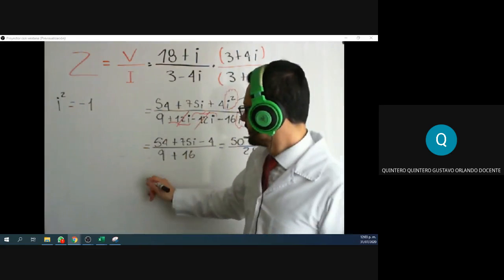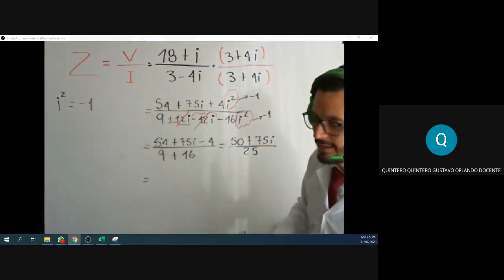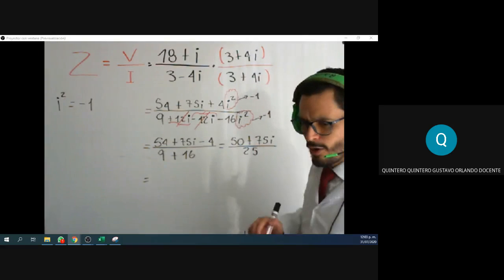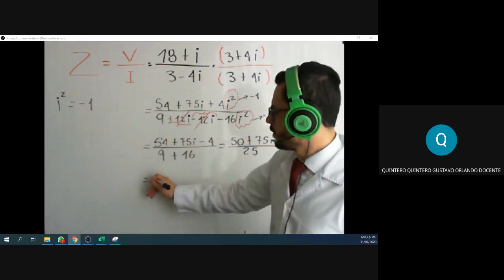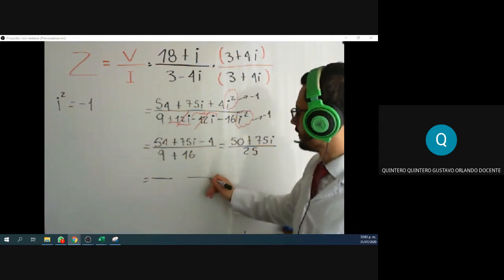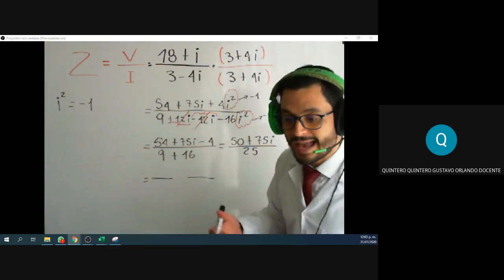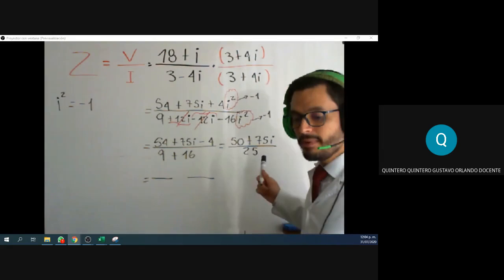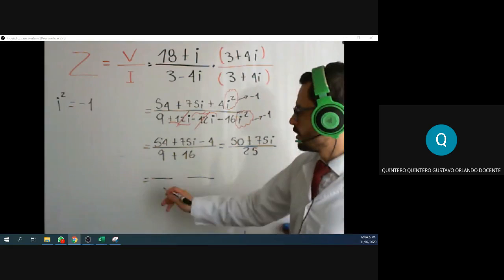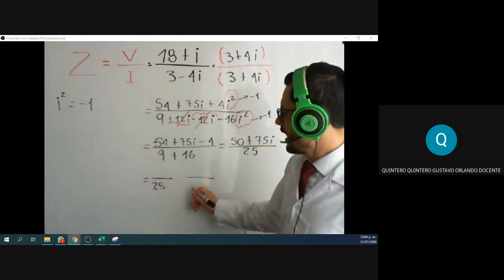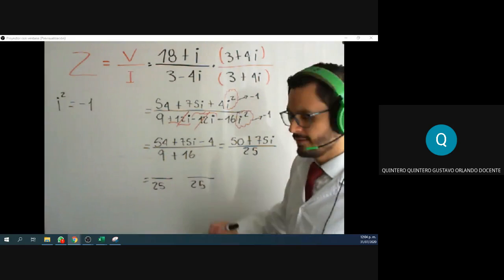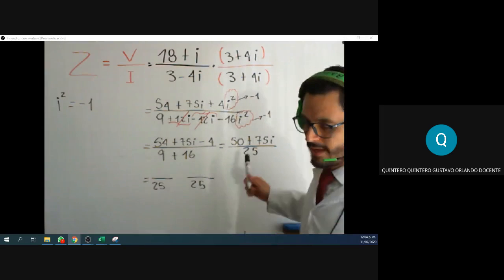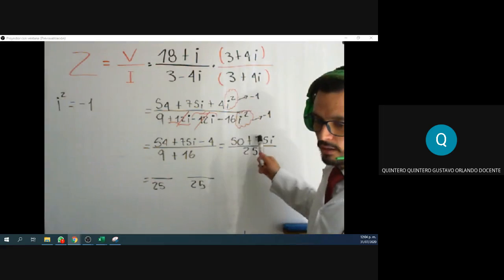All right. So if we split this, instead of having one line as a fraction, we're going to have two fractions. The question is, how do I fill in the information for these fractions? The denominator will be the same for both. So here I have 25, and here I also have 25, the same denominator as before.